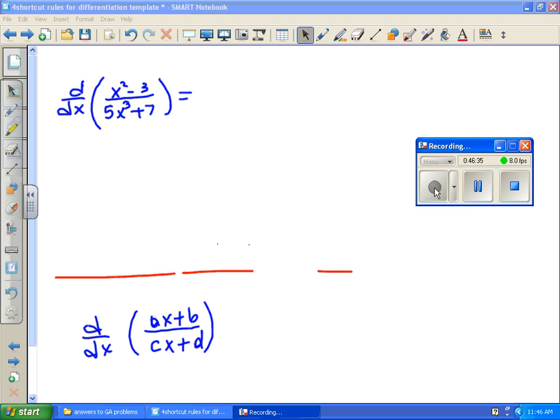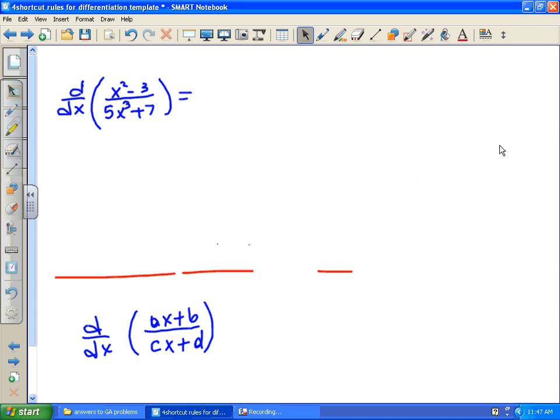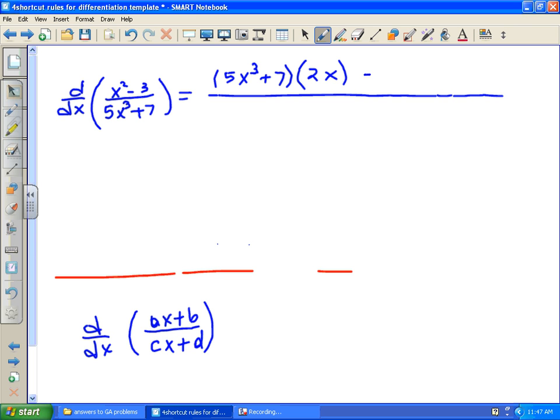Okay, let us take a look at the solutions for these examples. Again, both of them are going to use the quotient rule, starting with the top example. So we want the lower term, which is 5x cubed plus 7 times the derivative of the higher, which is 2x, minus the higher term times the derivative of the lower, which is 15x squared.